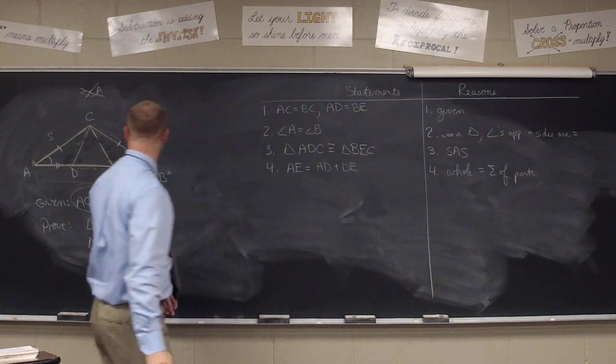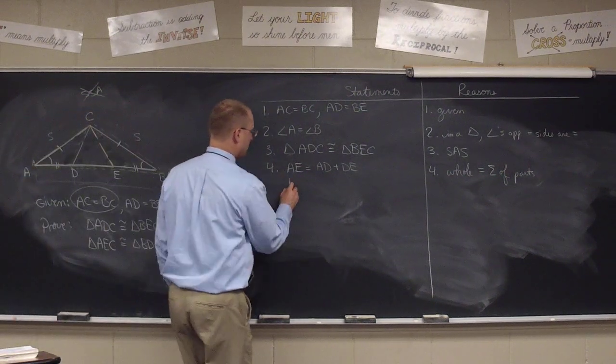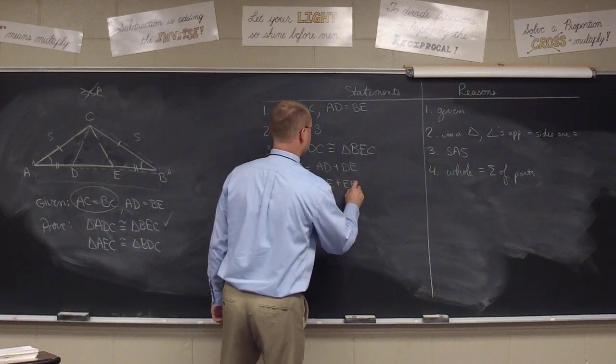And similarly, BE is equal to BD equals DE plus EB.